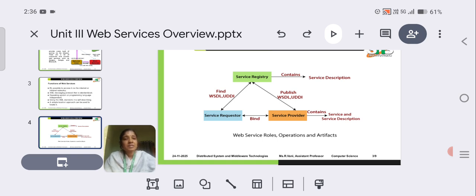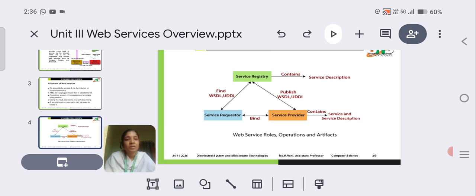Here, a service registry will be connected uniquely with the service requester as well as the service provider. The service registry acts as a search engine for a service requester.